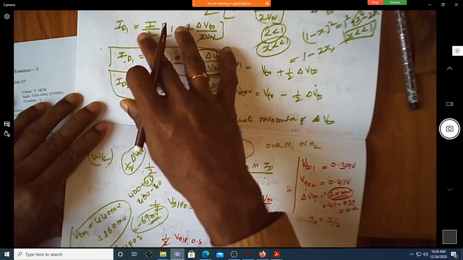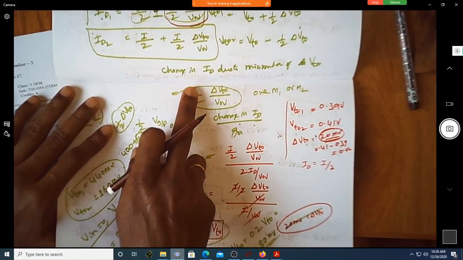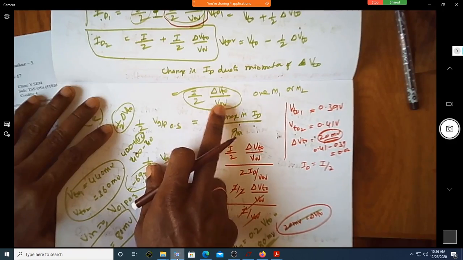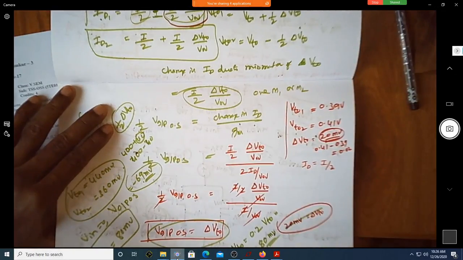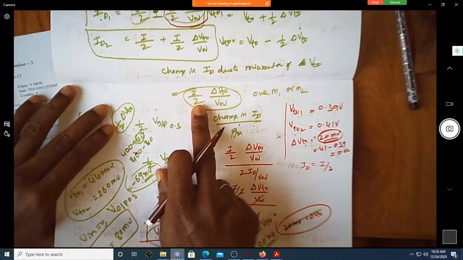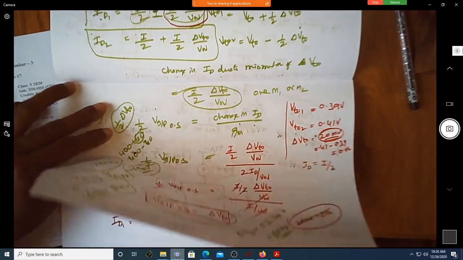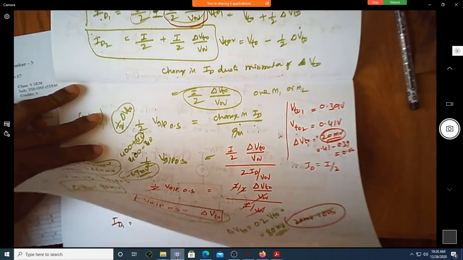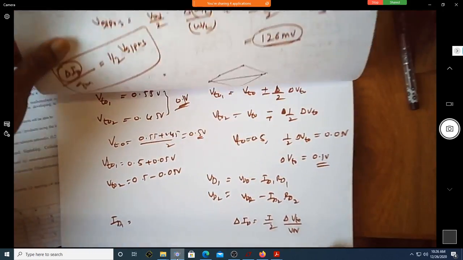This is your yesterday's derivation in the last video. See here, I by 2 into delta VTO by VOV is the change in the current due to change in VTO. If there is no change in VTO, there is no change. So now shall I write delta ID is equal to I by 2 delta VTO by VOV? Correct?